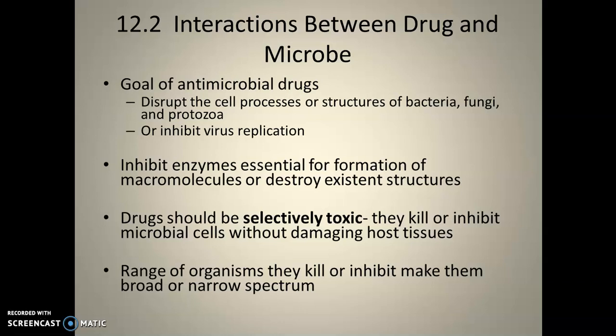Now, depending on the kind of drug, we can have drugs that are considered either broad spectrum or narrow spectrum. So narrow spectrum means that those drugs are really only inhibiting or killing a very small group of bacteria or organisms. Broad spectrum is they affect more, right? Now, ideally, we want them to be as narrow spectrum as possible so that we're really only attacking whatever's making you sick.